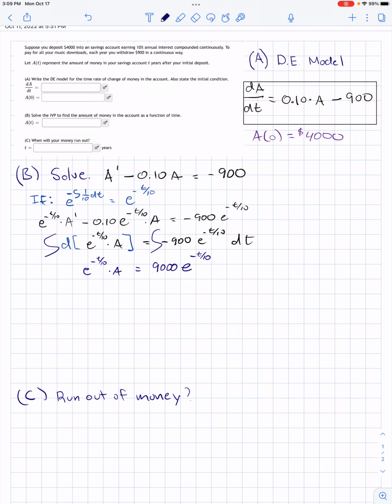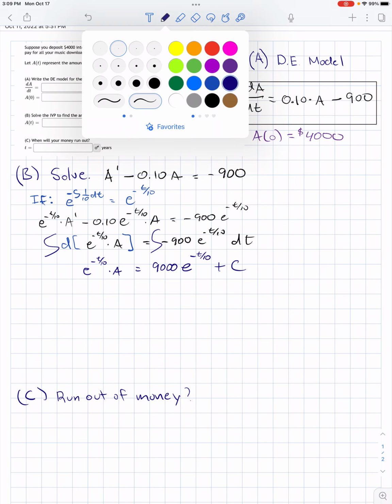Again, if you took the derivative of this, it's always a good check. When you take the derivative of e to the negative t over 10, you get itself times the derivative of negative t over 10, which is negative 1/10, and you would end up with negative 900 there. So that checks out. And then, of course, do not forget our plus C at the end there.